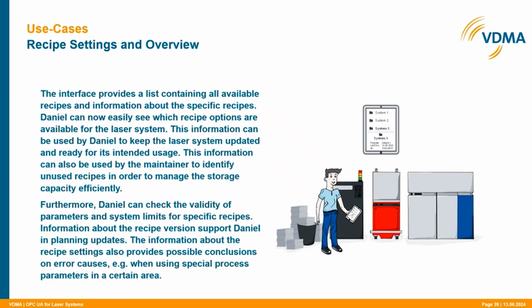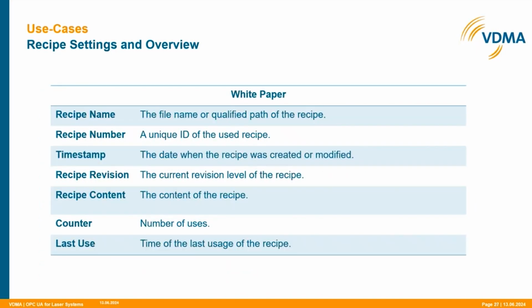This information can also be used by the maintainer to identify unused recipes in order to manage the storage capacity efficiently. So here you can see the parameters: the recipe name, the recipe number, the timestamp, the recipe revision, the recipe content, the counter, and the last use.